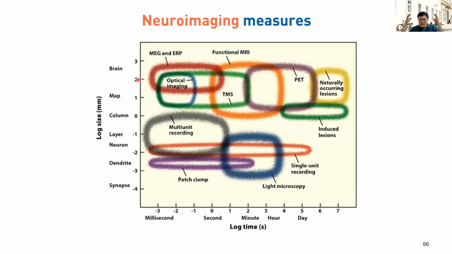Because if you know MEG and EEG, we'll see that there is a cap and it measures everything that's going on the surface of the brain, right? So the cortex. If you want to measure something deeper inside, then EEG and MEG don't work this way. So in terms of spatial resolution, that's a little bit limited.